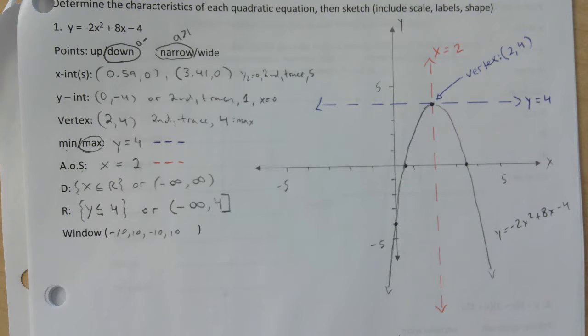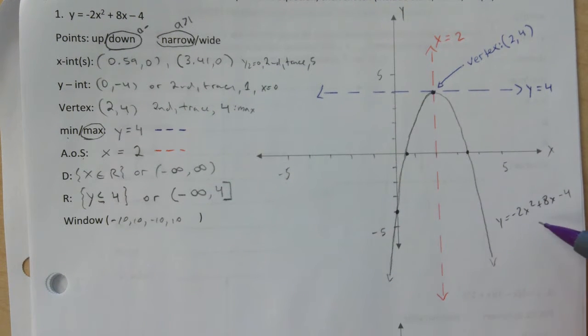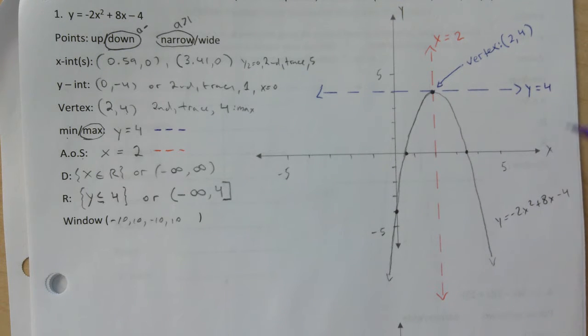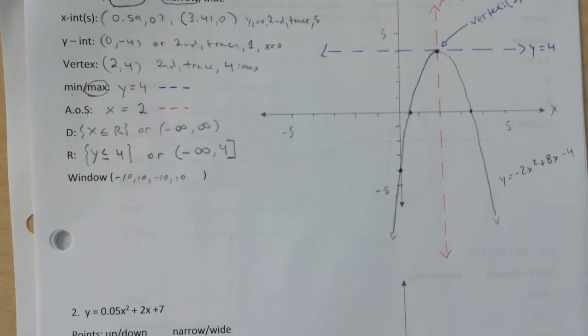But a full graph would include the equation here. So label would be this, the x and the y, right? That would be a label category. So you would lose half if any one of those is missing. Scale in either direction is also half, and so forth. Okay.